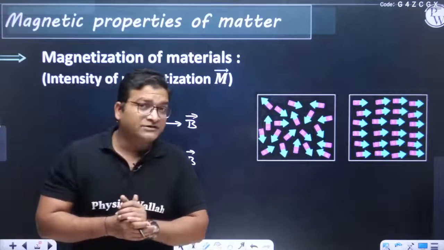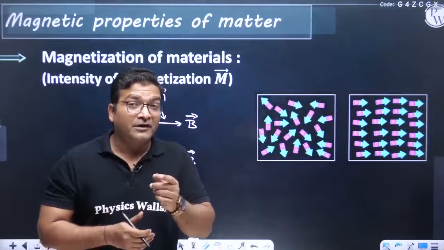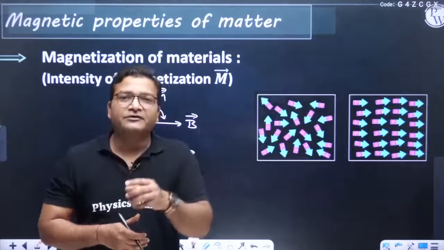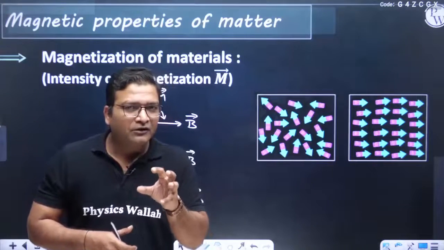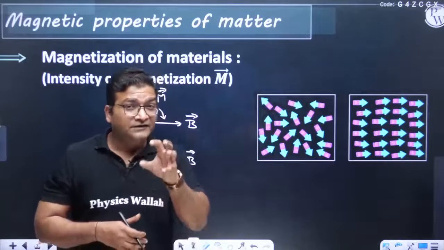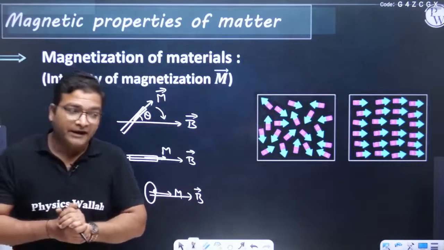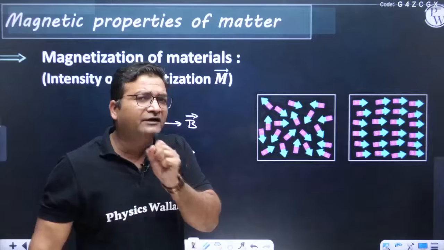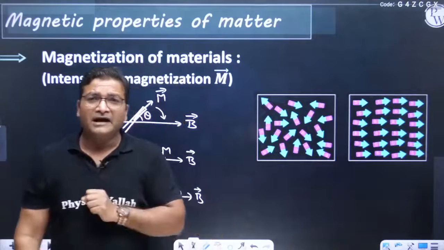Because of the spin of this electron, the electron's orbit possesses some magnetic moment, and because of that, that atom possesses some magnetic moment.